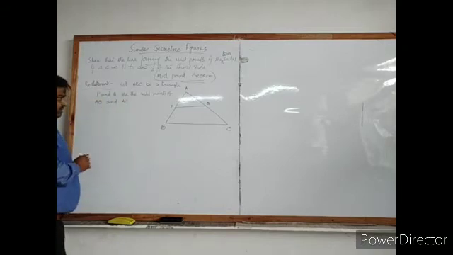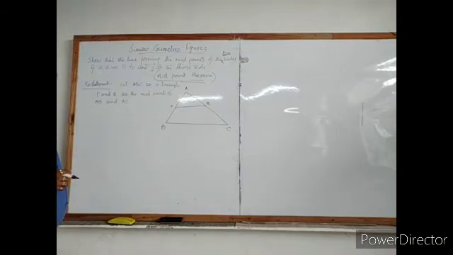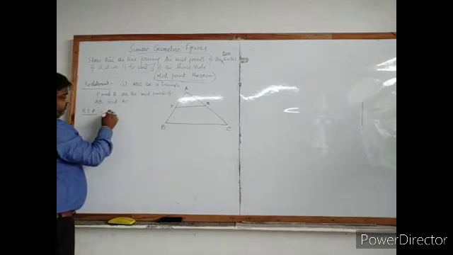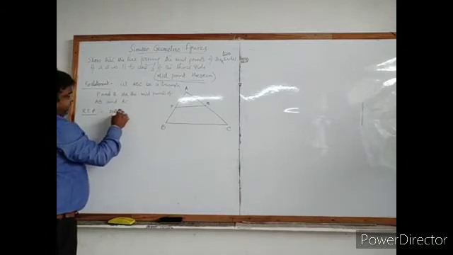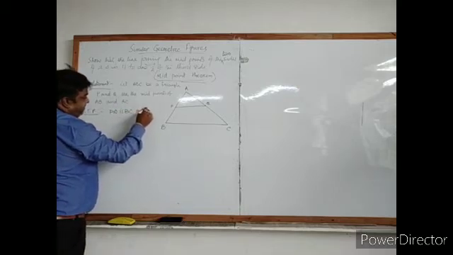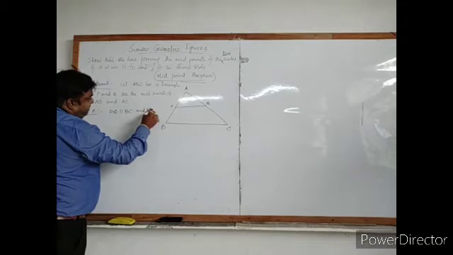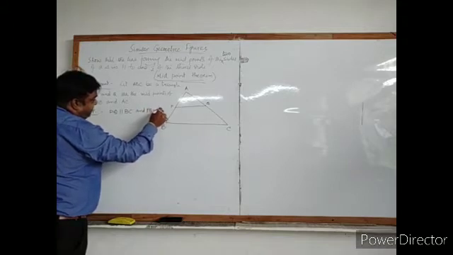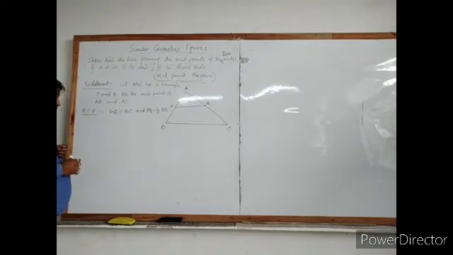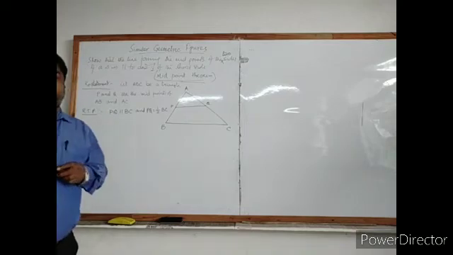This much only. Then what is to be proved? This PQ is parallel to BC and PQ equal to half BC. So this is the restatement and what is required to prove.